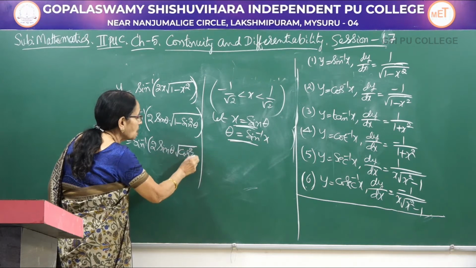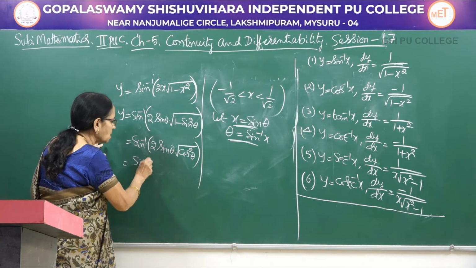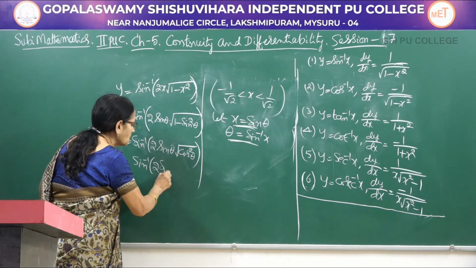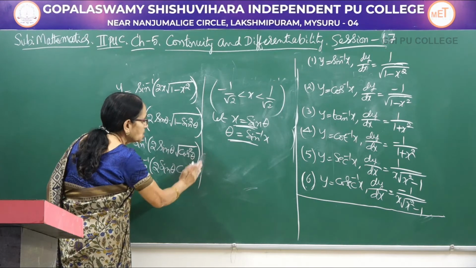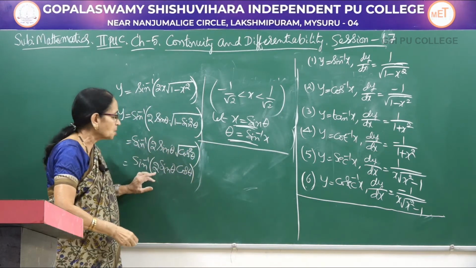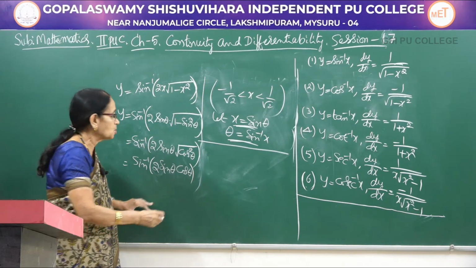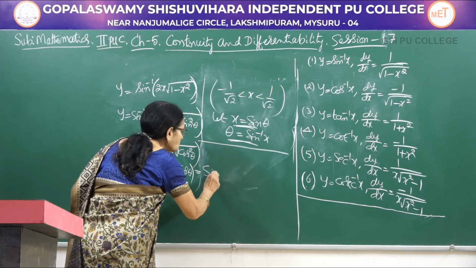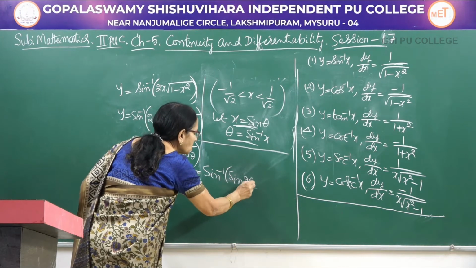That is root of cos square theta. What is root of cos square theta? It is cos theta. 2 sin theta into cos theta. Now I am using the multiple angle formula. 2 sin theta cos theta, how do you write? Sin of 2 theta. So this is sin inverse of sin of 2 theta.